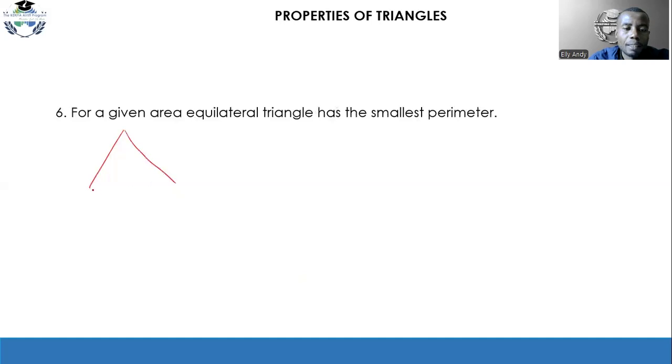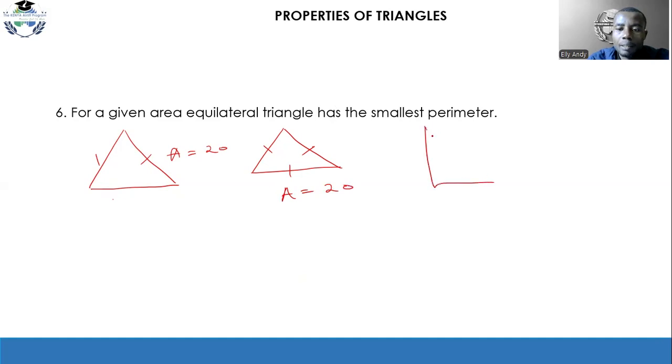Say we have an isosceles triangle with the area, say 20, an equilateral triangle with the area also 20, and a right angle triangle with the area also 20, then this equilateral triangle will have the smallest perimeter.